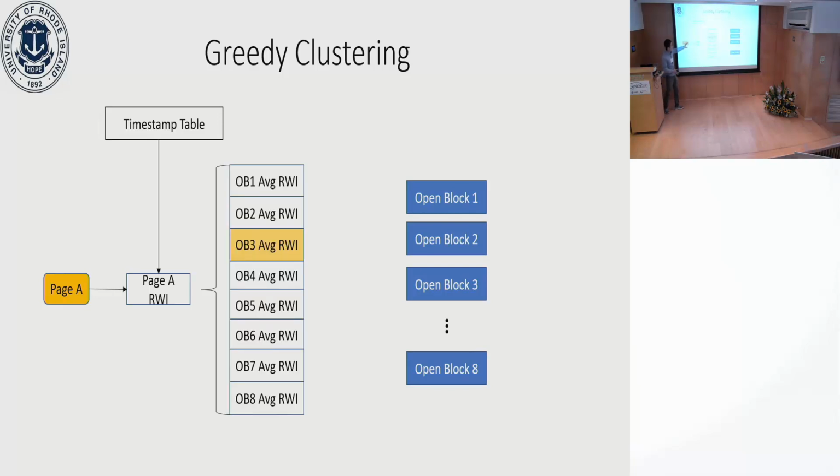Then we compare it with the average write intervals of all the open blocks. Suppose the closest one is open block 3 at this moment, and then the page will be sent to open block 3, which has the closest rewrite interval.